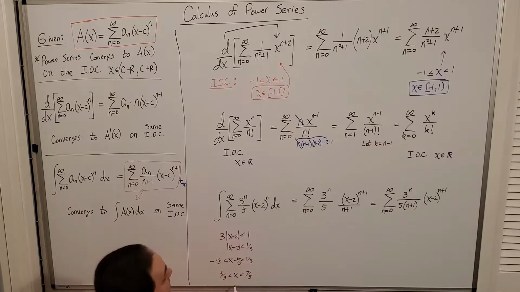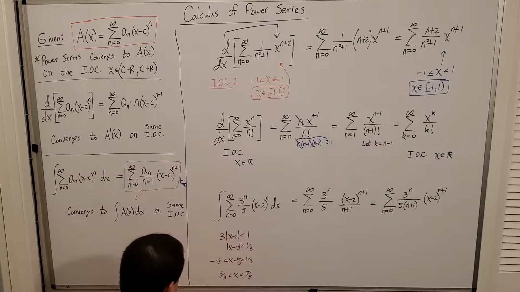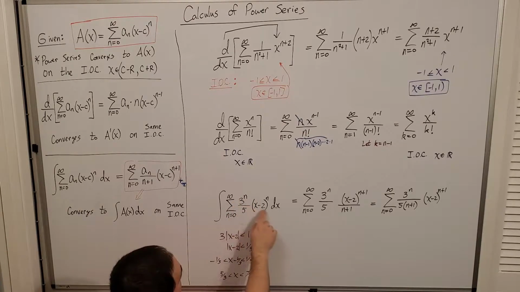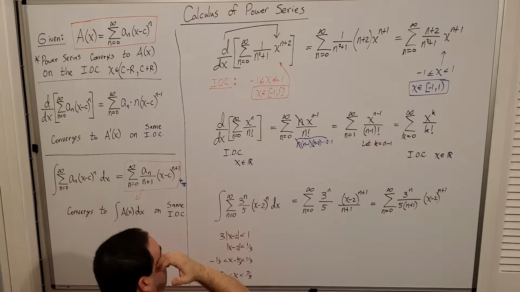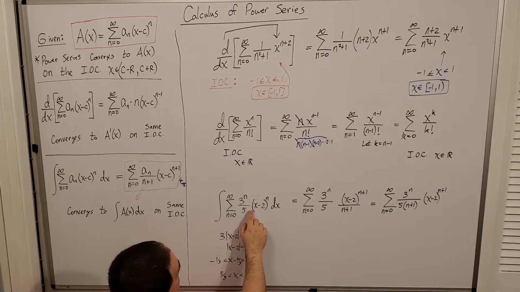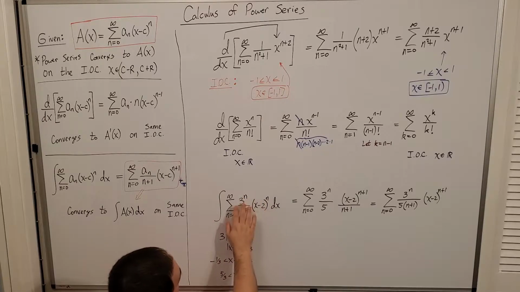Now what about the endpoints? If I plug in on the endpoints here, this is actually, I don't even need the root test. I don't know why I said root test. This is all geometric series right here, because I can just do the 3, and this is all to the n power. Okay? Since this is all geometric, this one's not going to include the endpoints.